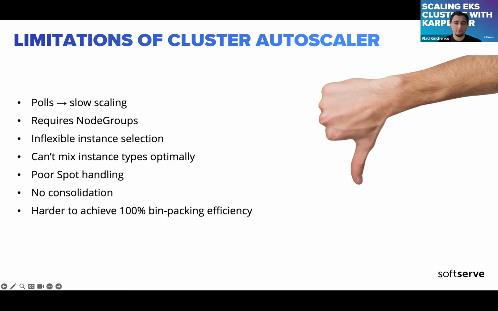That's why we have Karpenter as a tool to fix all of that and meet our requirements. What is Karpenter? Karpenter is an open source, high-performance Kubernetes cluster autoscaler that provisions compute resources in real time based on application requirements.